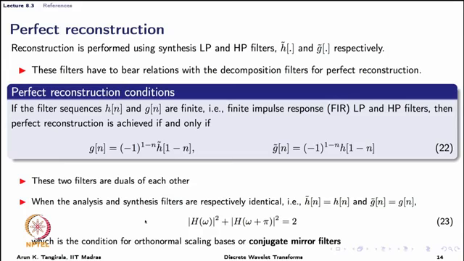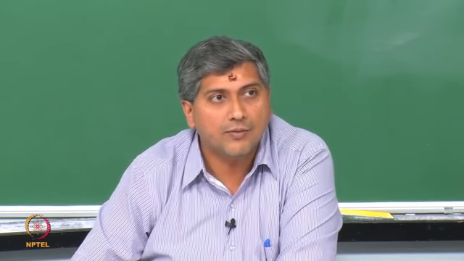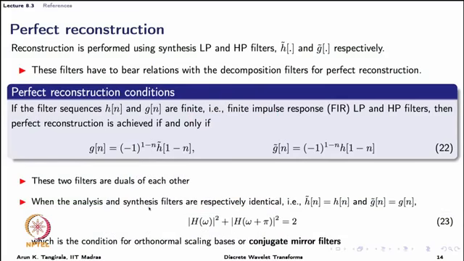This condition is for general synthesis and analysis filters, but if I require that G tilde equals G and H tilde equals H, then you can show that these two conditions can be written nicely in the Fourier domain, that is in terms of the frequency response functions, as a single condition given in equation 23.